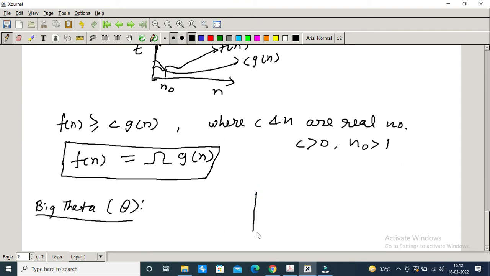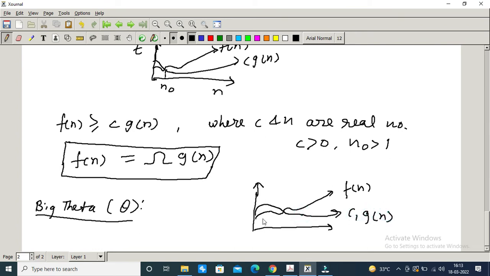I'm plotting this same graph again between f(n) and g(n). This is your f(n), this is your c1 g(n), and this is your c2 g(n).